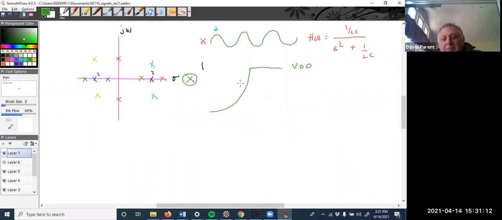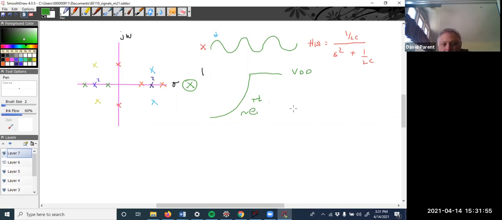If I'm getting something proportional to E to the plus T, which one do you think is going to give that to me? There's a hint.